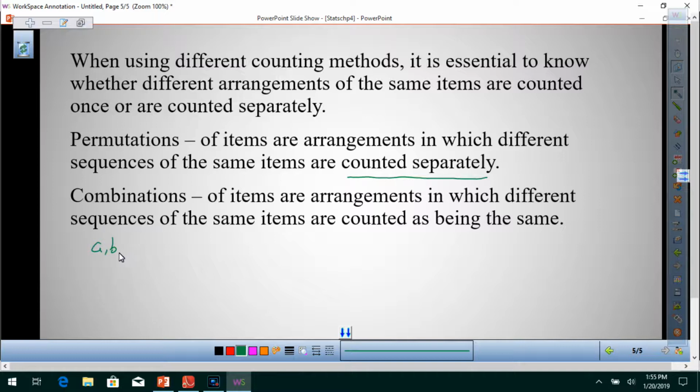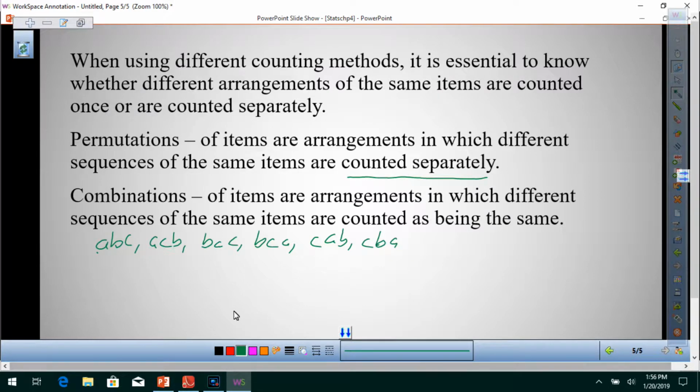A, B, C, or A, C, B, or B, A, C, or B, C, A, or C, A, B, or C, B, A. That's 1, 2, 3, 4, 5, 6. There are 6 ways that you can do this.